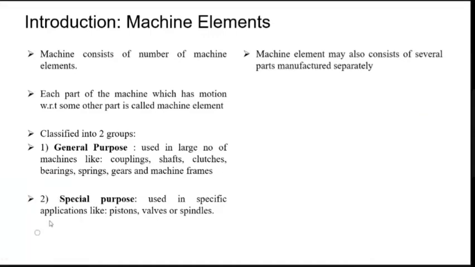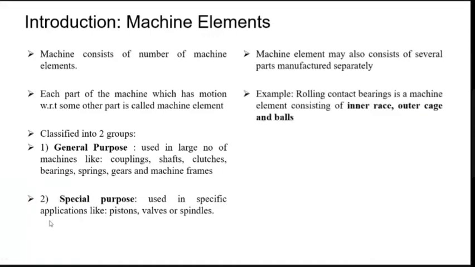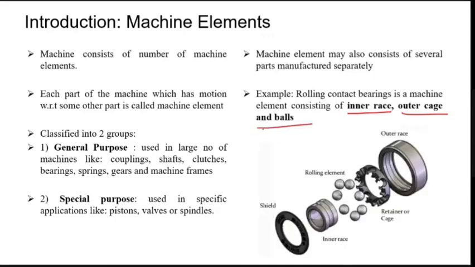Okay, so let us understand this. Rolling contact bearings: in module number 4, you will understand the design of the rolling contact bearing, which is a machine element. Okay, this rolling contact bearing is a machine element which again has sub parts. What are the sub parts? It will have an inner race, it will have a cage, it will have balls. Is it clear? You can take an example of this.